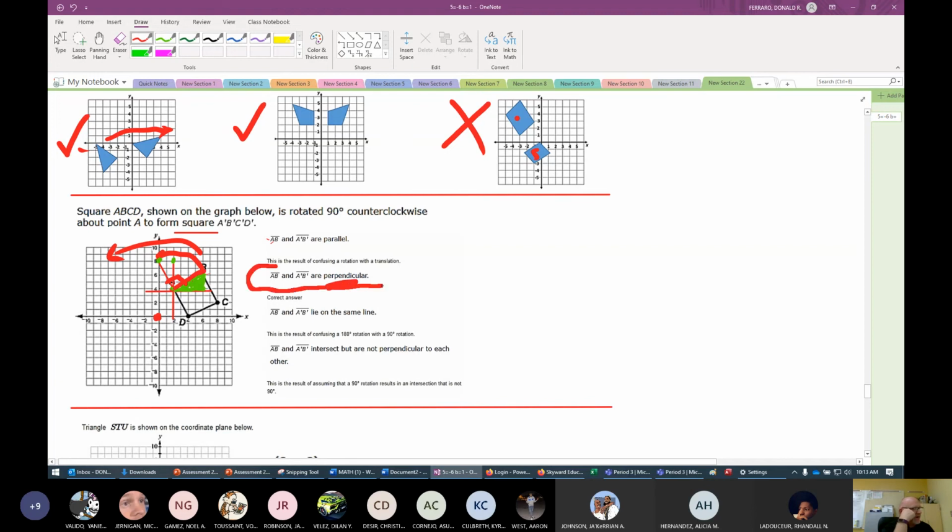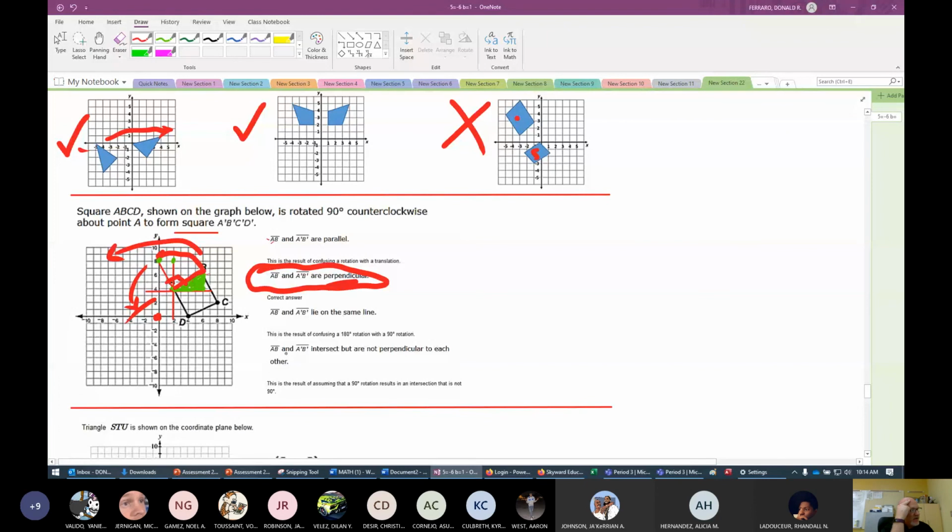That is the answer right there. It's perpendicular, so it's not parallel. Parallel would be 180 degrees. We would have come all the way down here, and it wasn't parallel. It's not the same line. That means it would have gone 360 degrees or 0.